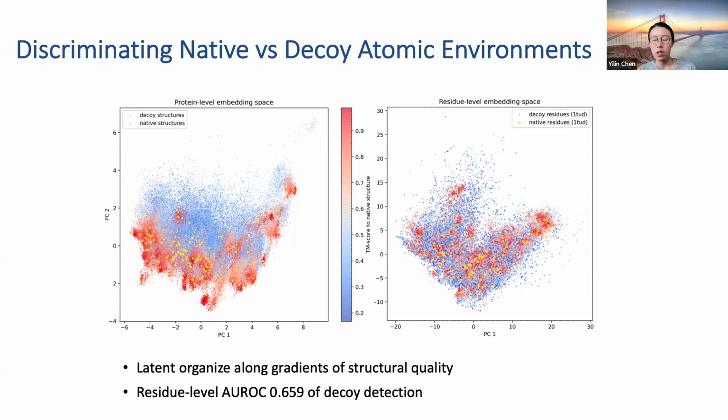Then we can simply train a logistic regression model on these residues to let the model decide whether this is a native or a decoy, and we're actually getting some signal from there. So I think this indicates that we can develop scoring models on the per residue atomic environment representation. But what's the point of discriminating between native versus not?